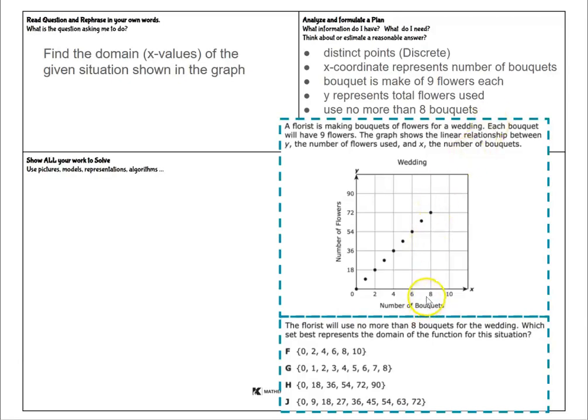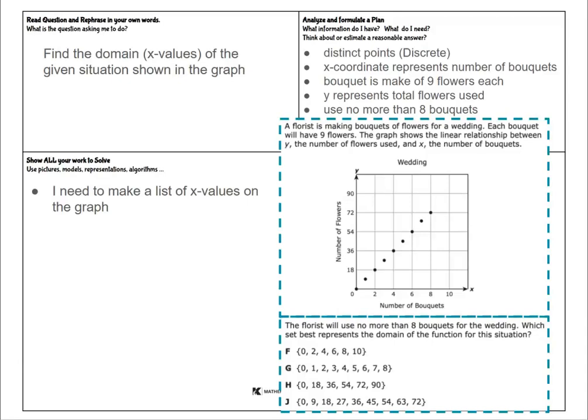So this 8 represents the end, for 72. Now, if there was a 10, it would be at 90, but that would not be included in my domain for the problem.